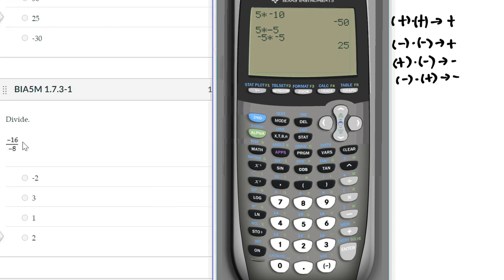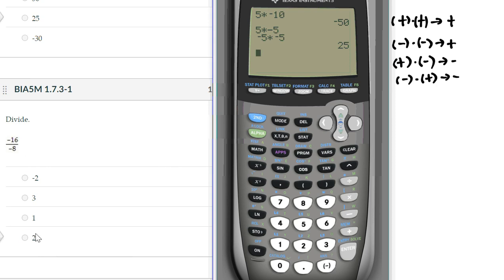Division is the same. Negative, negative, and positive here. Positive, positive, of course, you get positive. So in this case, you will know it is positive. 16 divided by 8, everyone knows is 2.